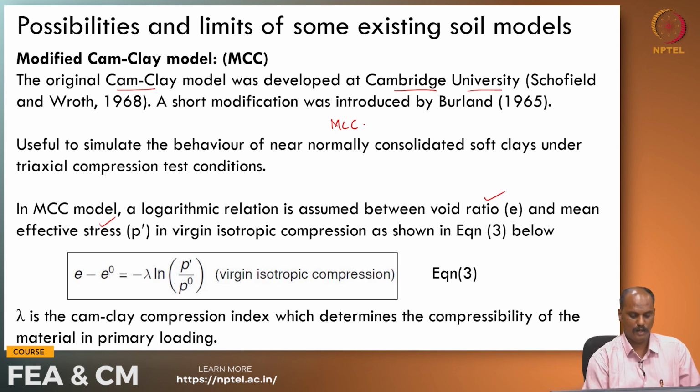So, e - e0 = -lambda ln(p'/p0) in virgin isotropic compression. This parameter lambda is called the Cam Clay compression index, which determines the compressibility of the material in the primary loading. So, this lambda is very, very important in this particular soil model.